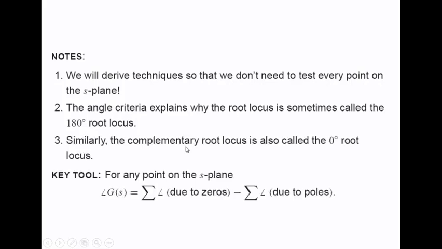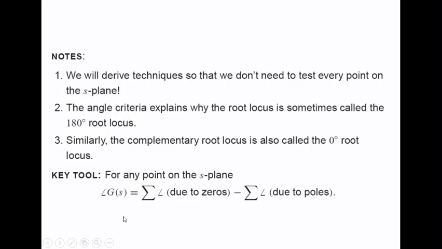Now the key tool that will tell us, for any point on the S-plane, whether it is located on the root locus or not, will be this formula. We will take the angle of G of s as the summation of angles due to zeros minus the summation of angles due to poles.